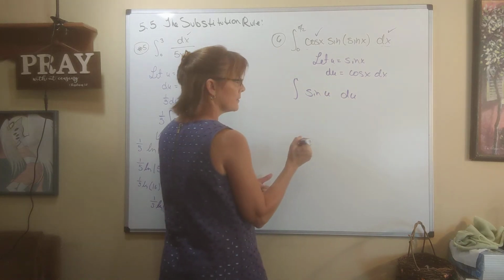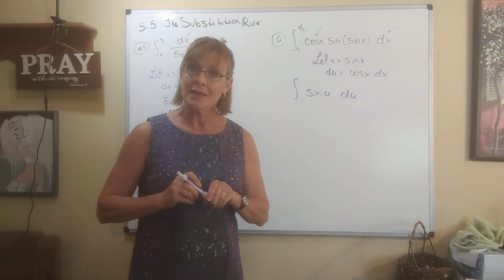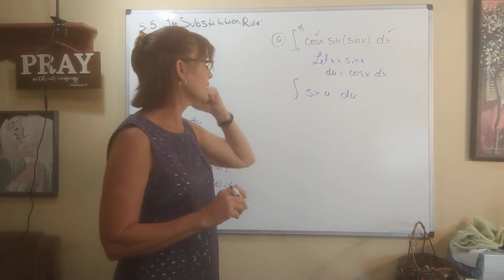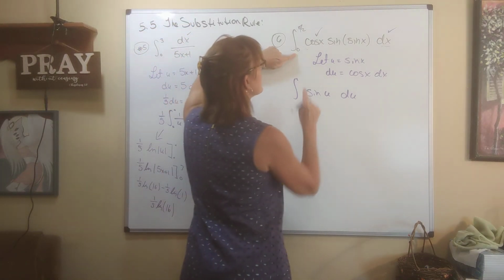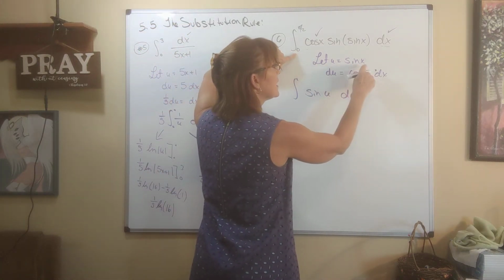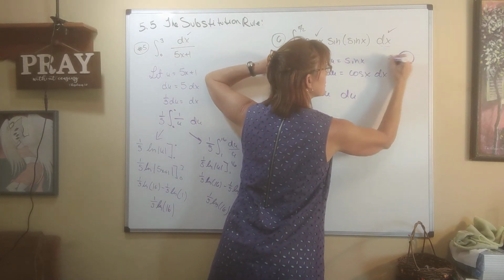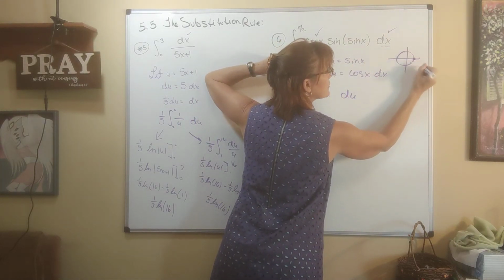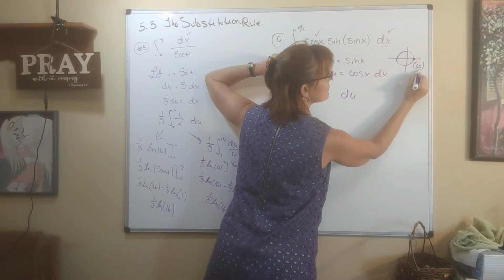In this case, I'm just going to go ahead and change my limits in terms of u and not look back into x. So let's do that. Right here, I let x be 0. So what is the sine of 0? I draw a unit circle, and this is my angle 0, and this is the point (1, 0), and the sine is the y value.